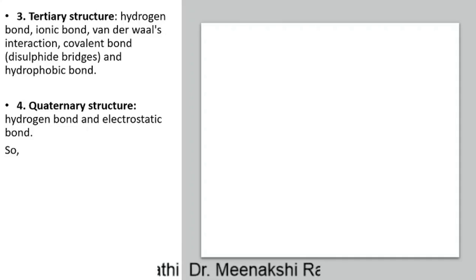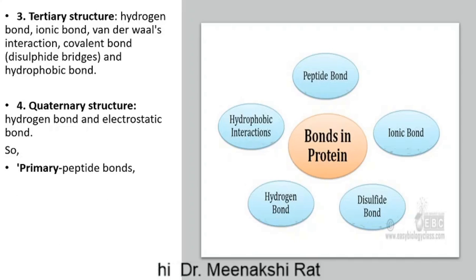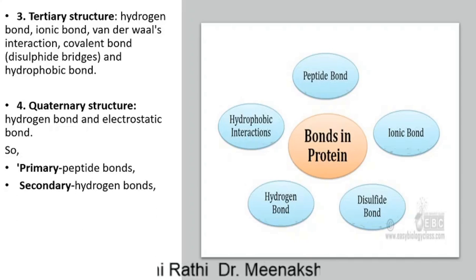So, we can say that these are the main bonds which stabilize the protein structure: peptide bond, ionic bond, disulfide bond, hydrogen bond, hydrophobic bond. For primary structure, peptide bonds are responsible to stabilize its structure. For secondary structure, hydrogen bonds.